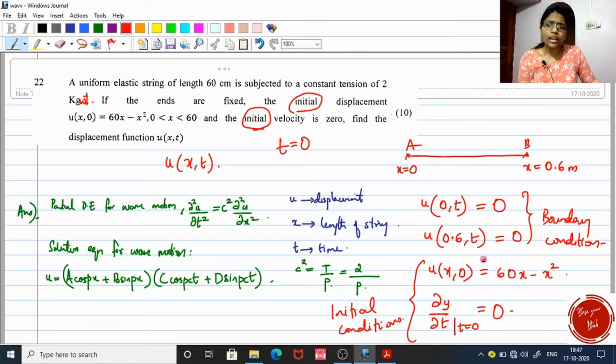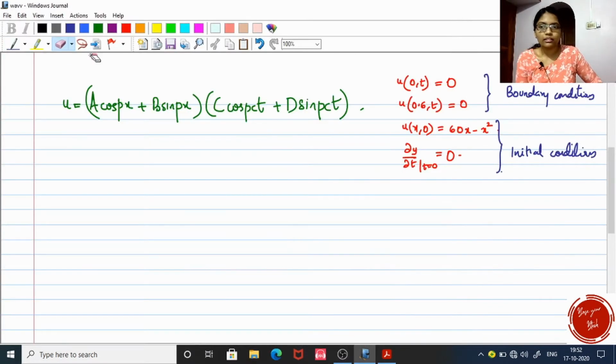Now let's take the main expression of the displacement function of a wave motion, and we will put these 4 conditions in individually, and modify this equation, and finally we end up with the required solution. I have arranged the conditions and the solution equation side by side. Now let's substitute these conditions into this equation.